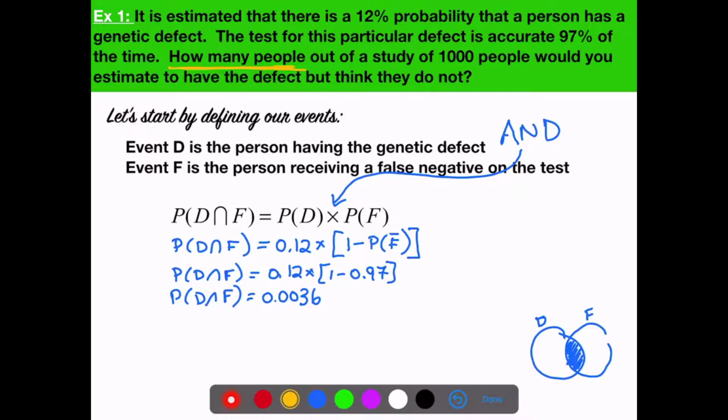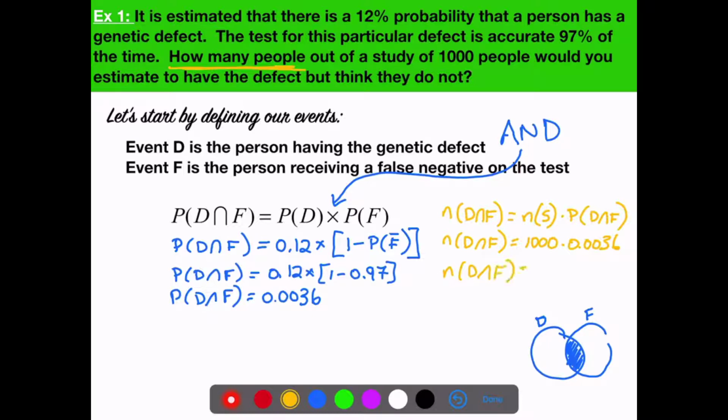So we want to know the number of people that are in that intersection. Well, that's going to be the number of people in our study, so the number in our universal set, times the probability that they had both of those things occur. So number of people in the intersection who have the defect and had a false negative test is going to equal the total number of people times 0.0036.